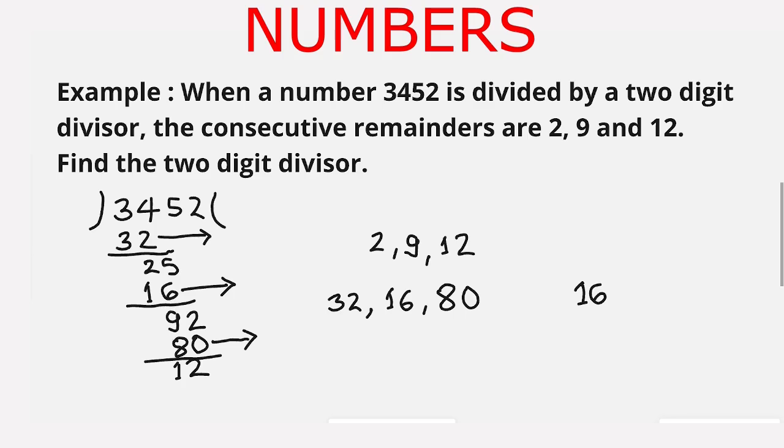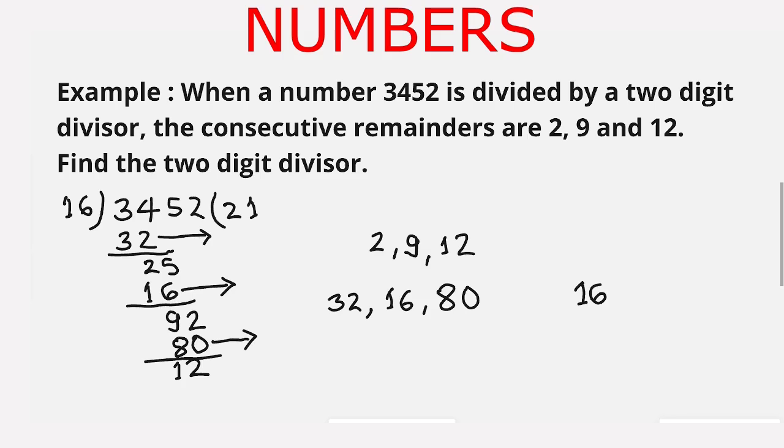Now I put 16 here. Then 16 times 2 is 32, and the first remainder comes out to be 2. 34 minus 32 is 2, and then we carry 5. 16 times 1 is 16, and on subtracting 16 from 25 we get 9, which is the second consecutive remainder.